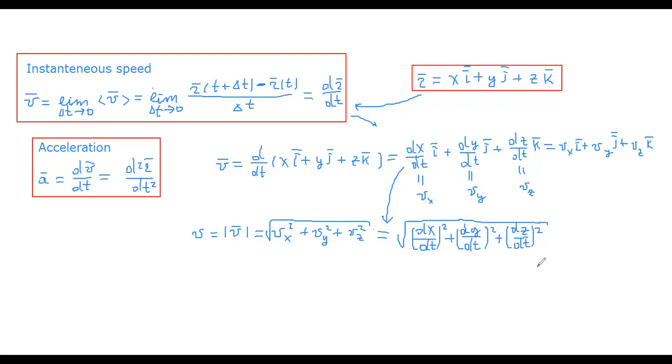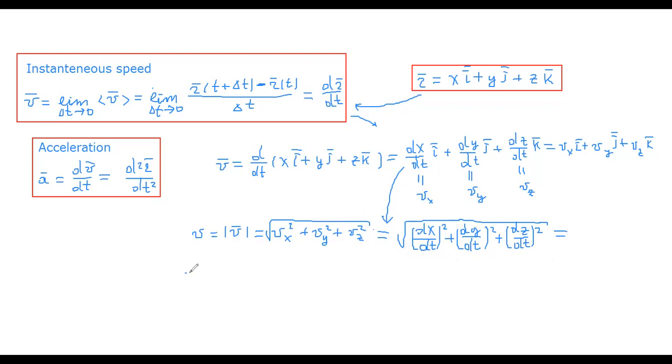What can we see here? In every term we have dt squared in the denominator. So dt can be taken out of the square root.